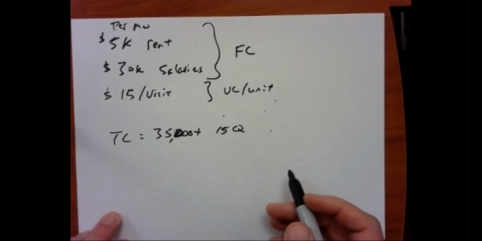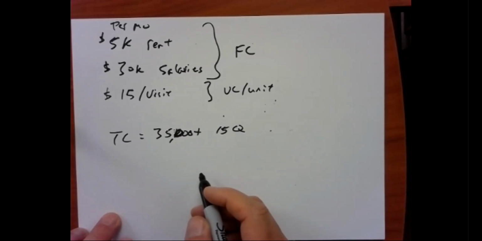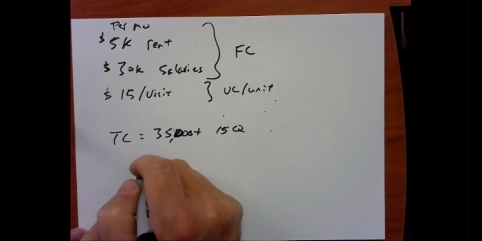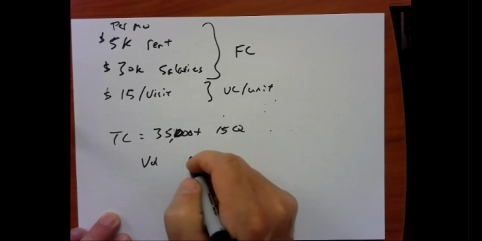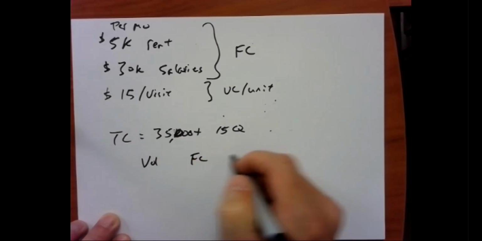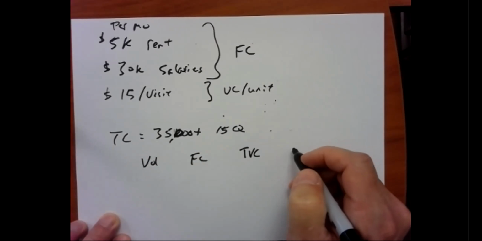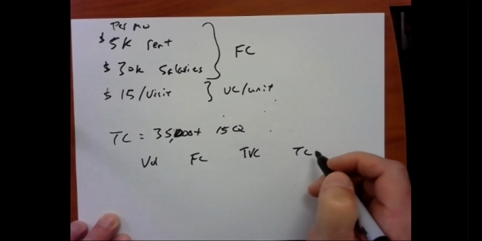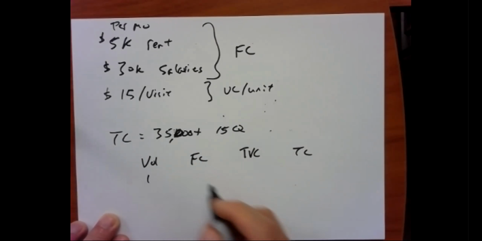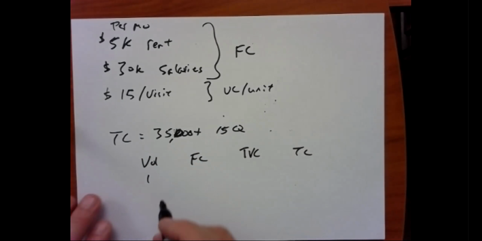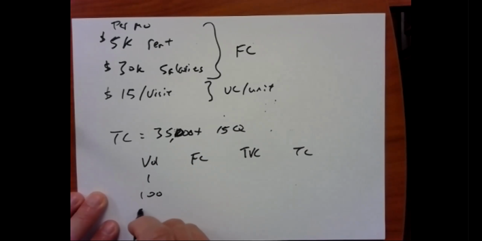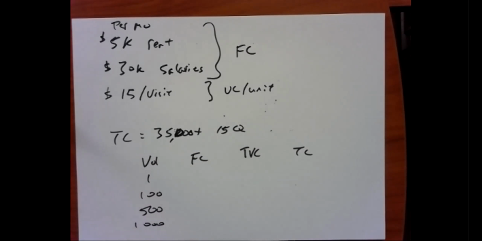Okay. So if we drew this up real quick, we've got our volume, our fixed costs, total variable costs, and total cost. If we had a volume of 1, 100, 500, and 1,000, work out your numbers real quick for that.